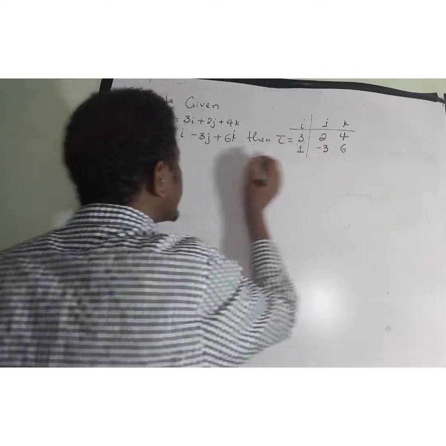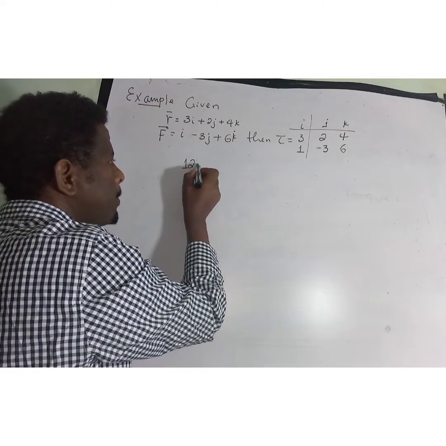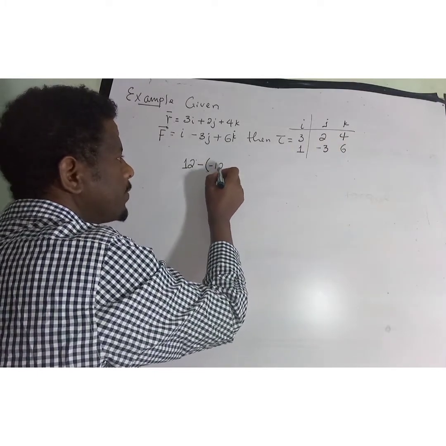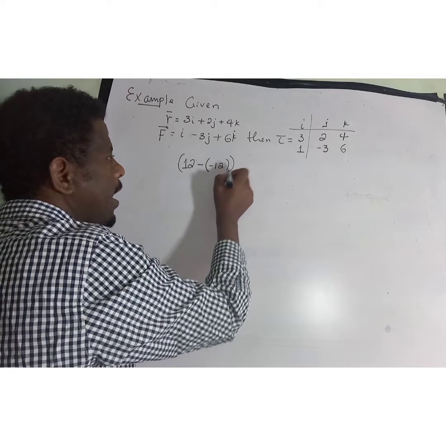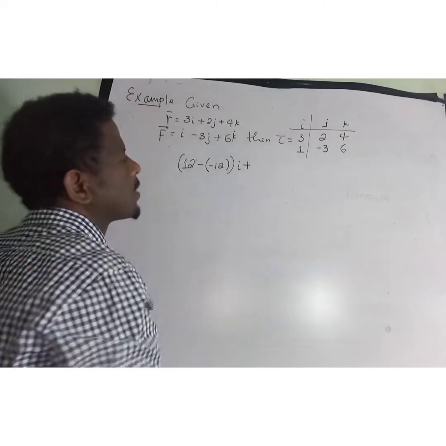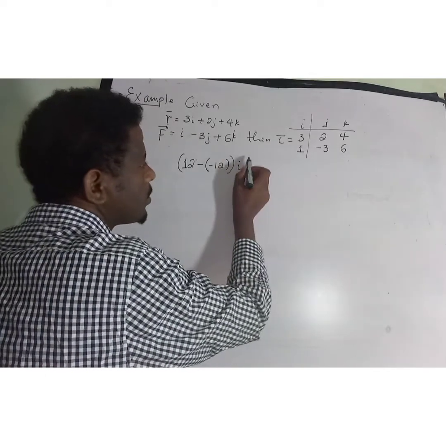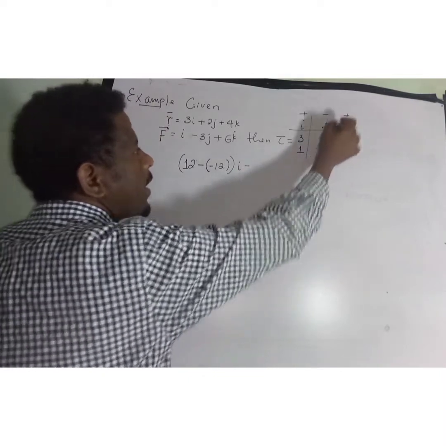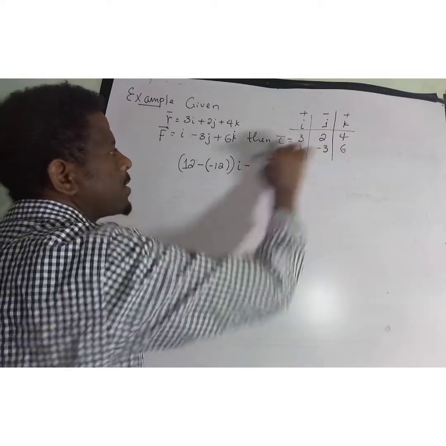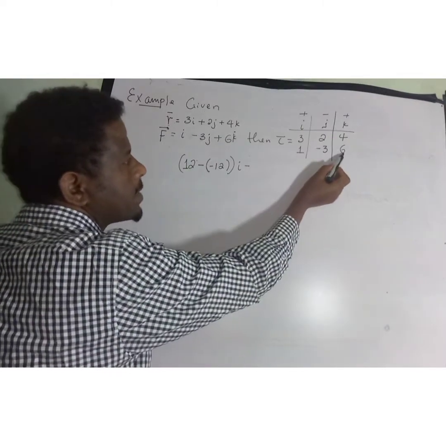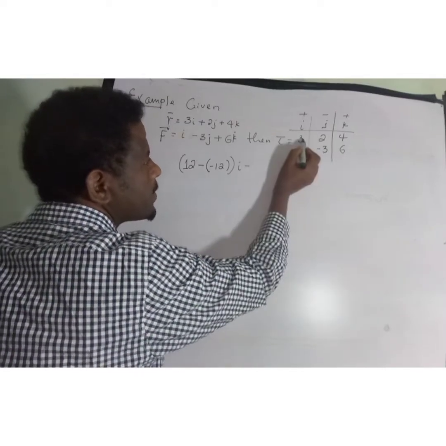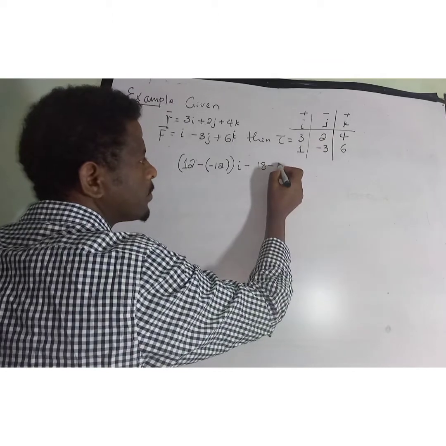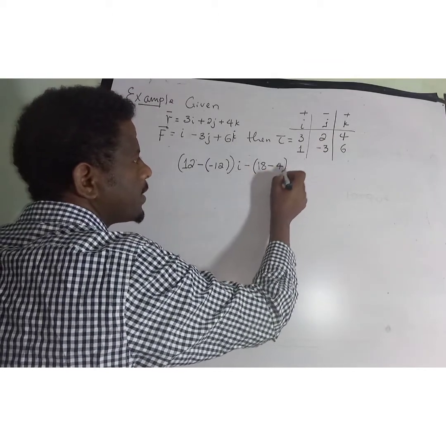6 times 2, which is 12, minus 3 times 4, minus 12, i. Plus, j, with signs alternating, and the components of j, 3 and 4 omitted. Then 6 times 3, which is 18, minus 1 times 4, 4, j.